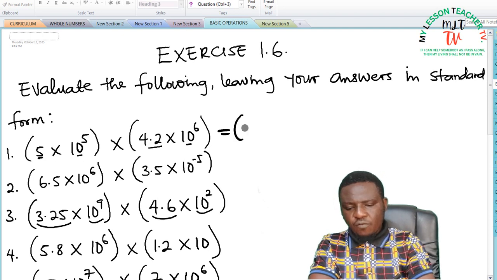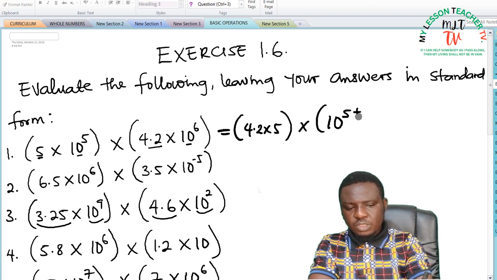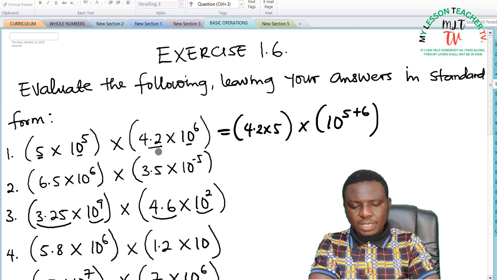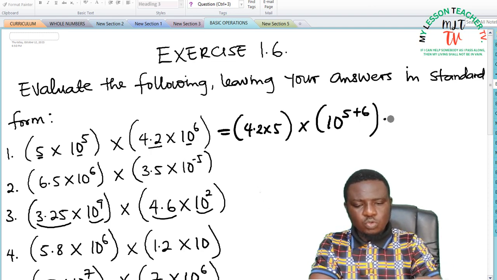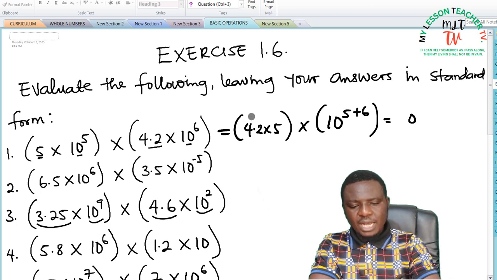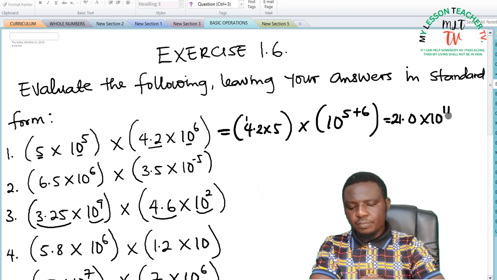When you multiply 4.2 times 5 times 10 raised to the power of 5 plus 6, because we are dealing with multiplication, this is equal to 5 times 2 is 10. You write down 0 and carry 1. 5 times 4 is 20 plus 1 is 21. So this is 21.0 times 10 raised to the power of 11.